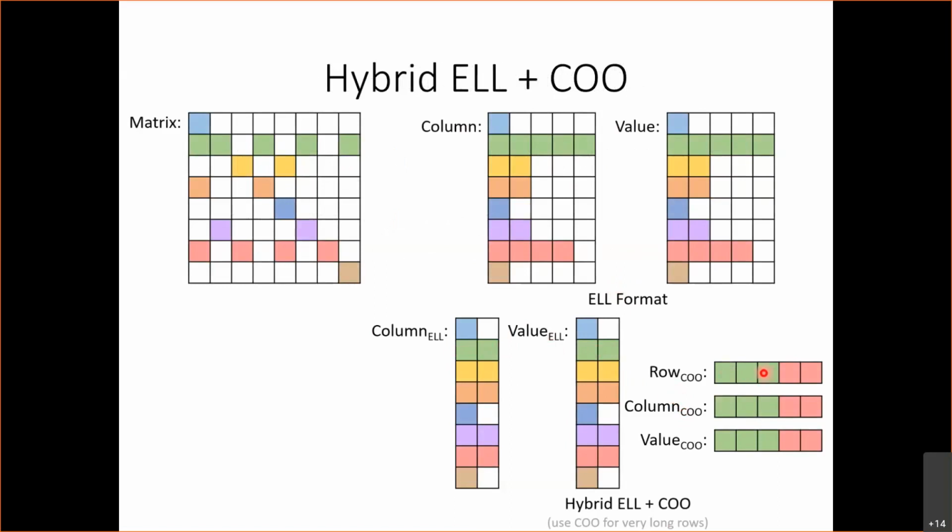Whereas if I take this row and I break it in two, I would just have two threads. One thread does the first half, the other thread does the other half. So partitioning a row is slightly different from having a partial ELL row and then the rest of the elements in COO, because COO doesn't have the concept of elements of the same row anymore. These elements could be in any order in this array.